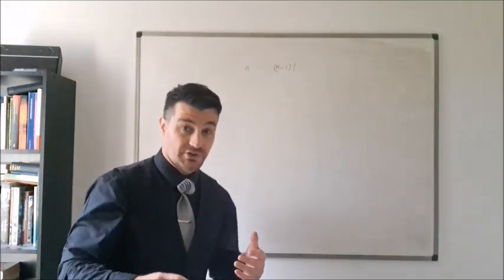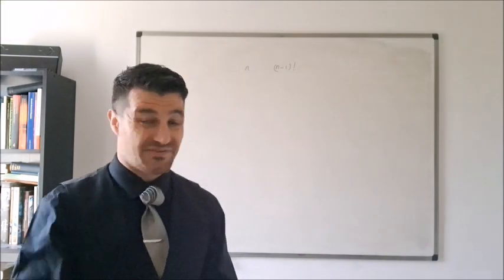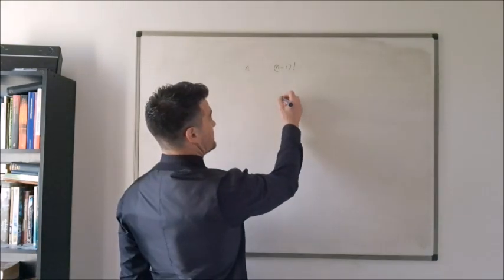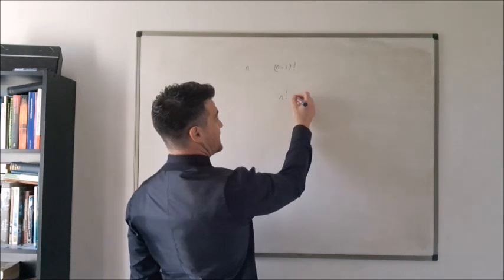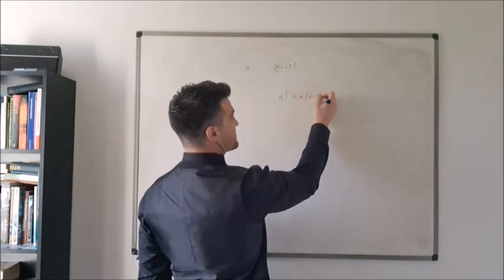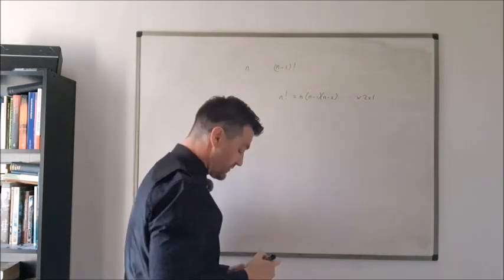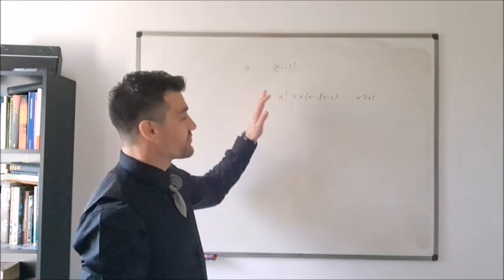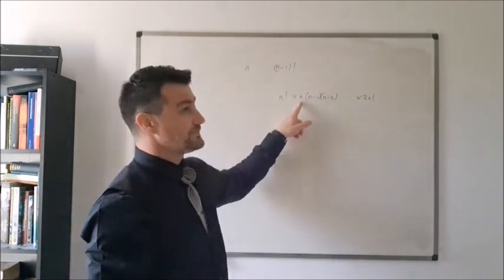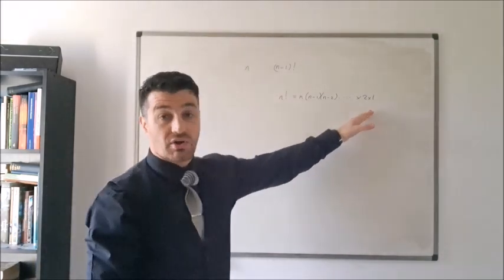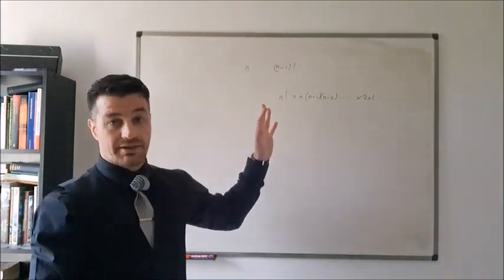Okay, so first of all, make sure that you know what is meant by a factorial. So n factorial, for example, is equal to n times (n minus 1) times (n minus 2), all the way down to times 2 times 1. In other words, n factorial is the product of all of the positive integers from 1 to n.